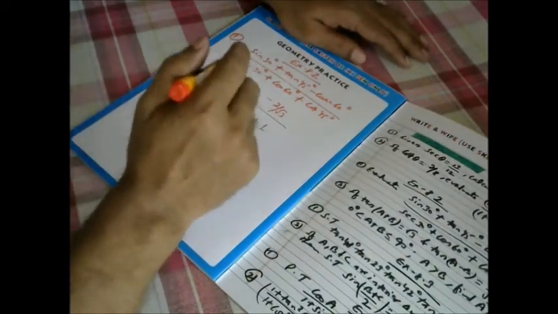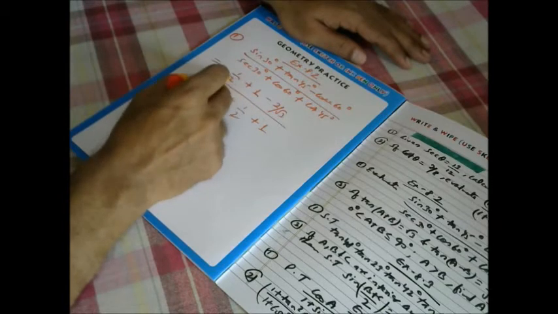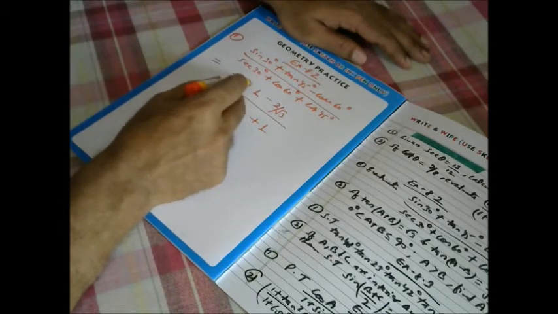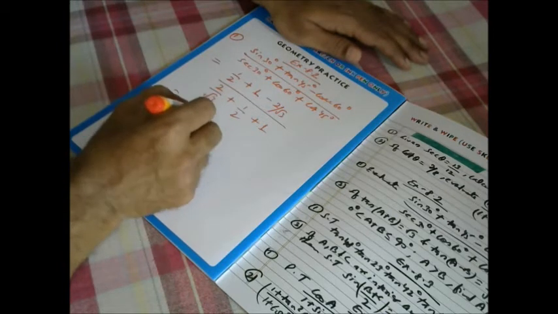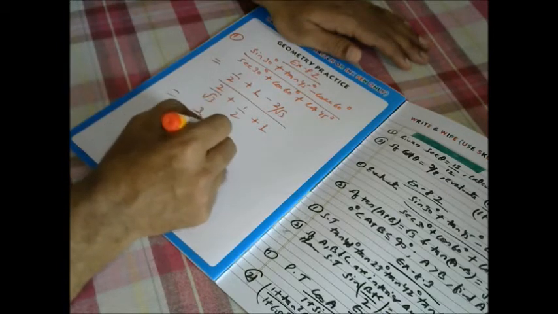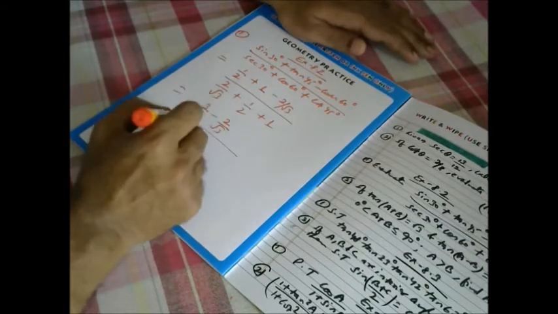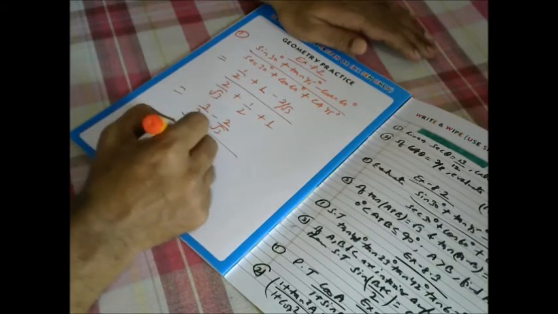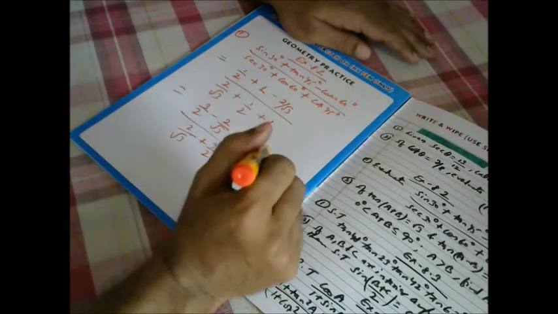Okay, right. So from here, if we are solving, 1 by 2 plus 1 will give you 3 by 2. So 3 by 2 minus 2 by root 3 divided by, here it is becoming 2 by root 3 and plus 3 by 2.